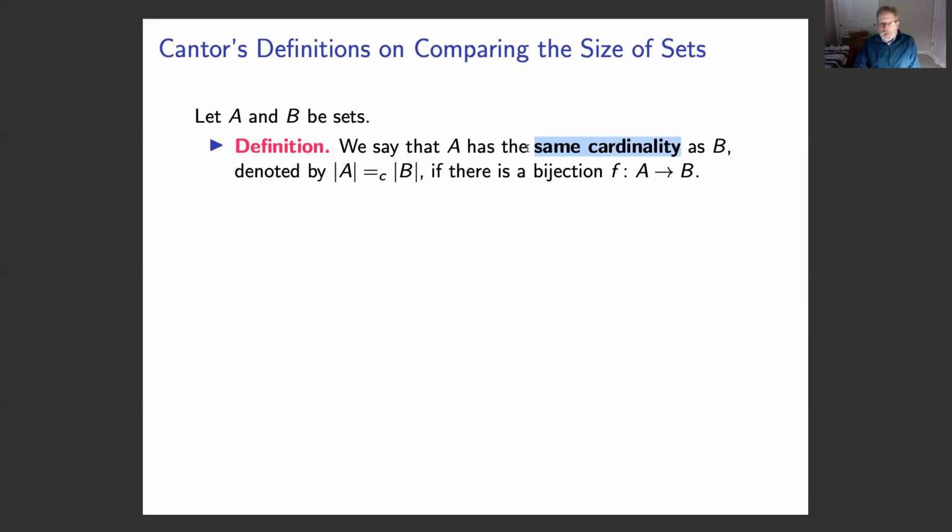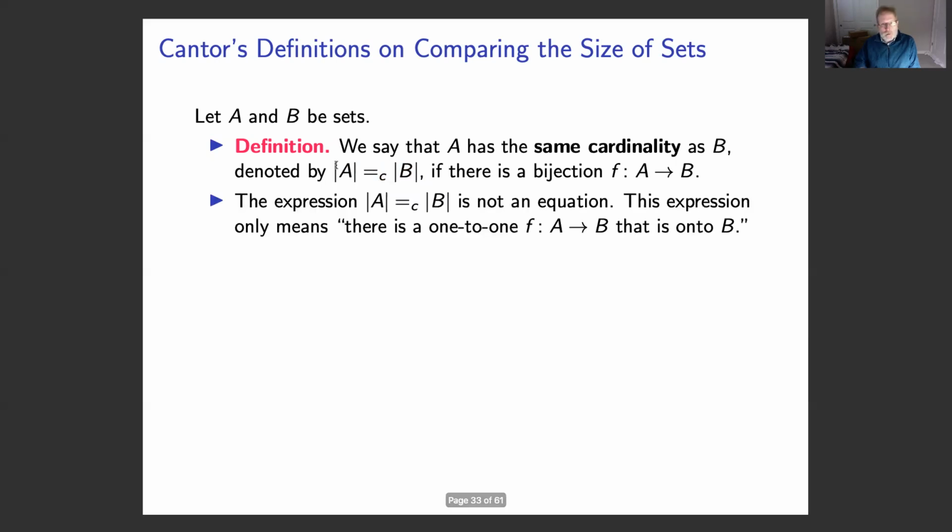A and B have the same size if there's a bijection, that is a one-to-one onto function from the set A to the set B. And here's the fancy terminology we're going to use to represent the fact that there's a bijection from A to B. Notice that this has an equality, but there's a little C there, and that stands for cardinality. You could read this as saying A and B have the same cardinality.